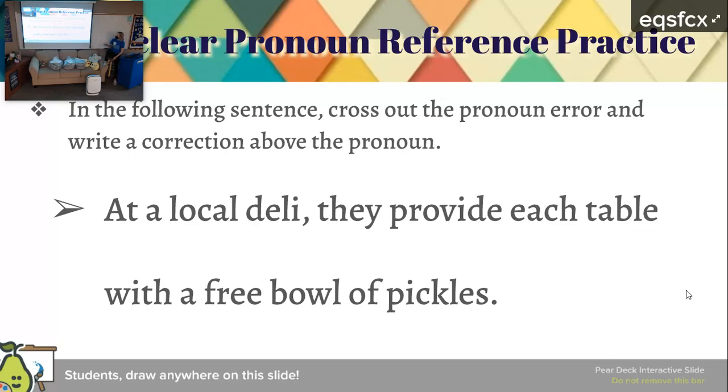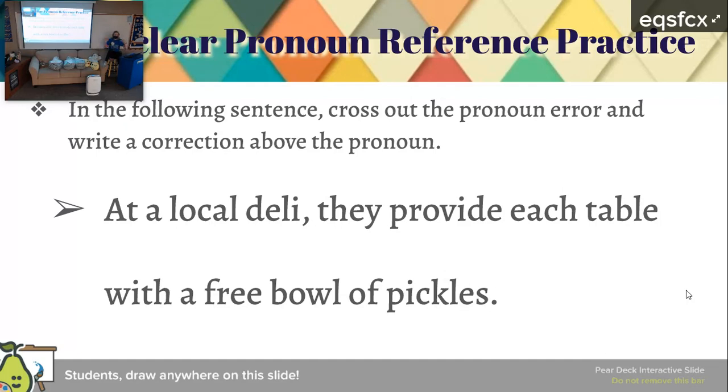So you guys, you just have to ask yourself, who do you think would be giving out a free bowl of pickles at the deli? Who do we think would be giving out free pickles? Marcus? No. Who at the deli would be giving out a free bowl of pickles?